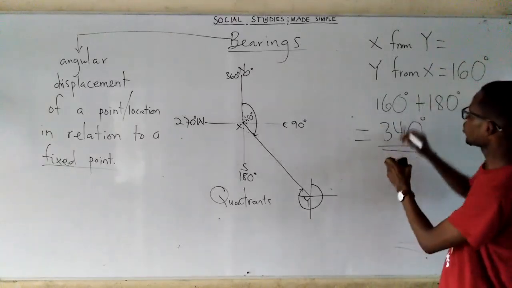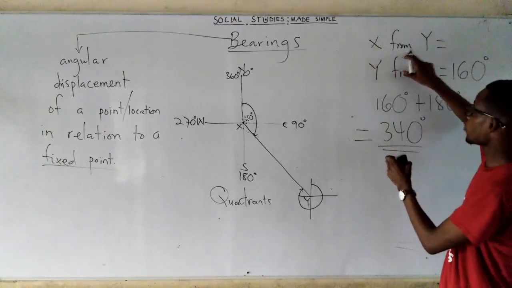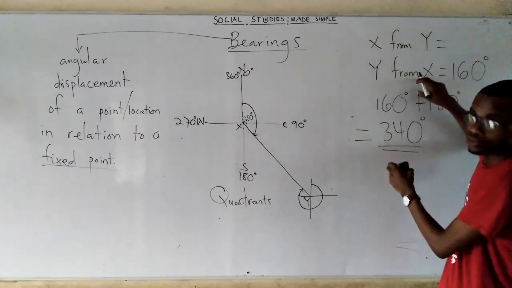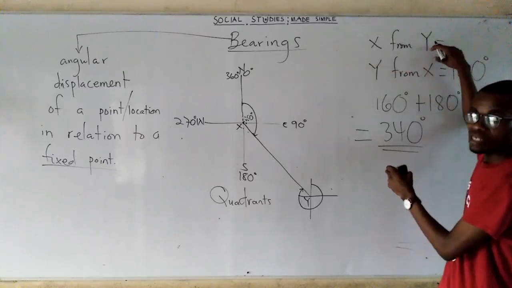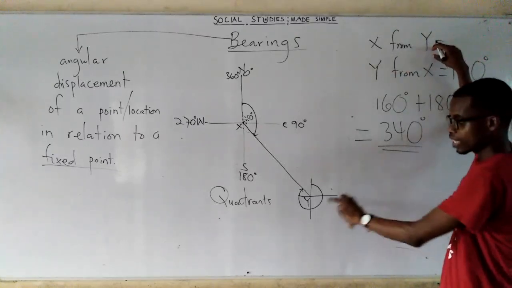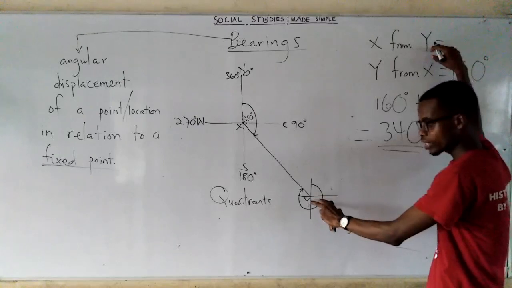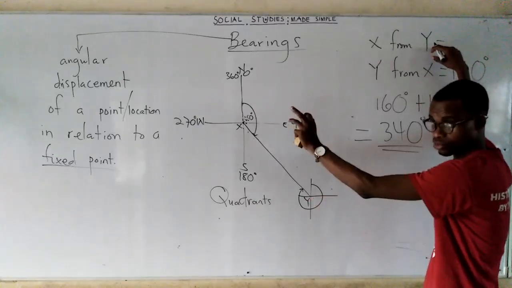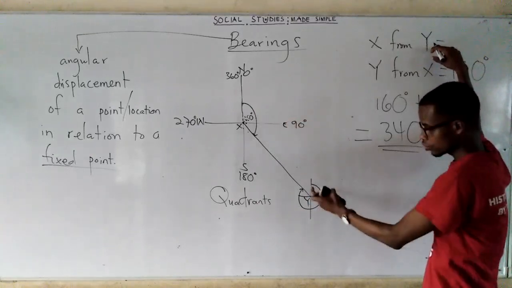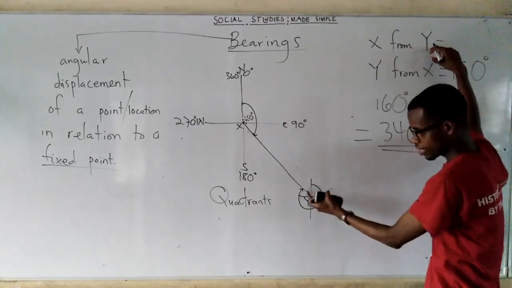Now it is X from Y that we are looking for, but this is what we've been given. So if it is X from Y, then Y becomes the fixed point now. And in this place, it is Y that is the fixed point, because the person journeyed back to town X. So this whole angle. Now where is the line located?